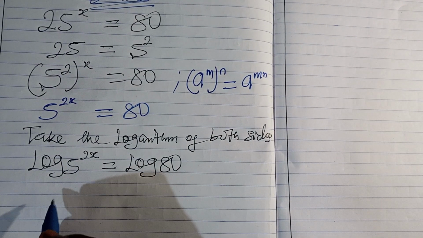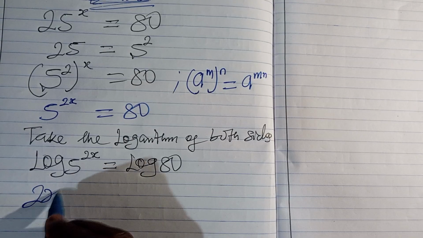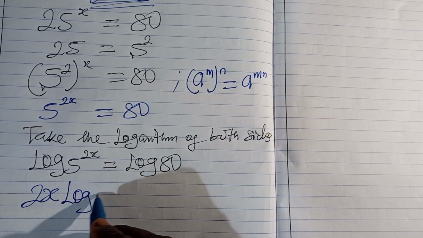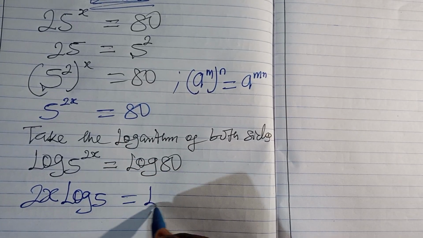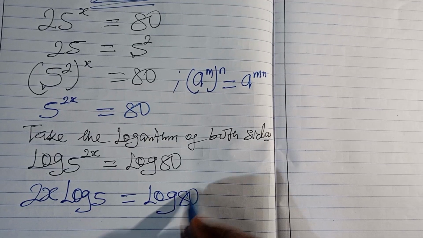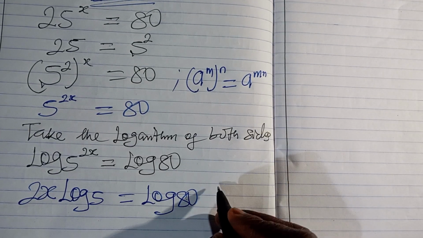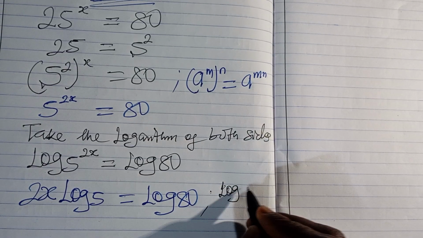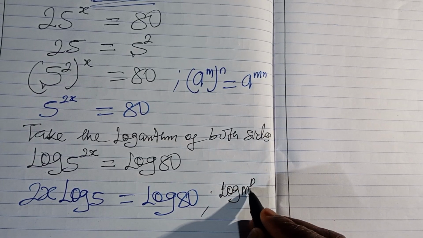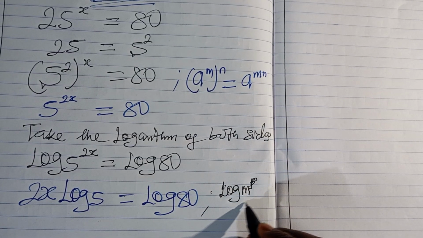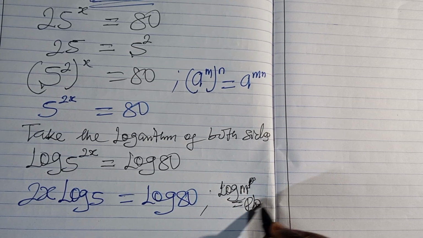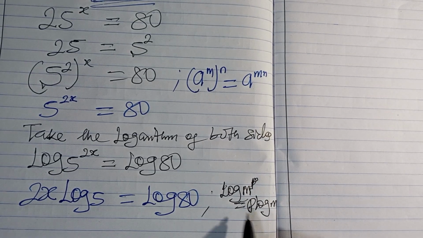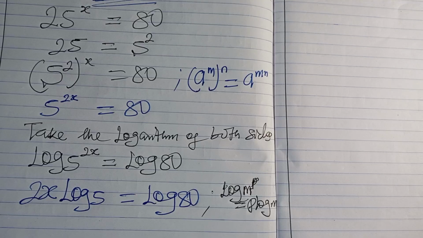So that's 2x log 5 is equal to log 80, from log m raised to power p equals p log m. I apply this rule over here.